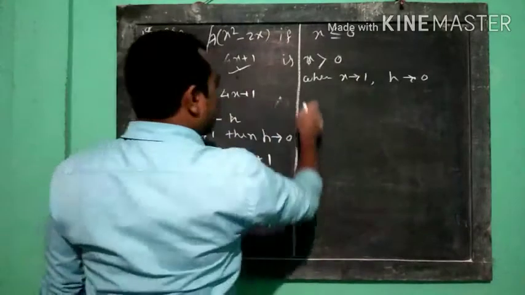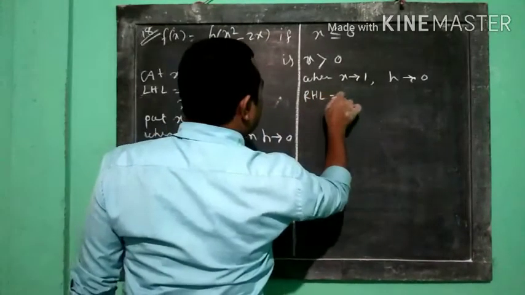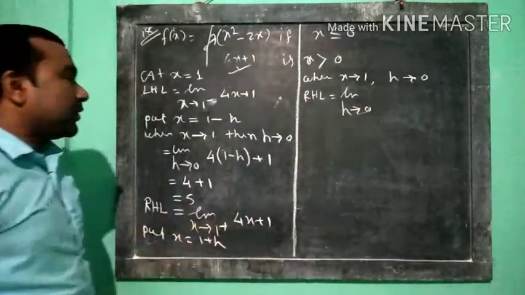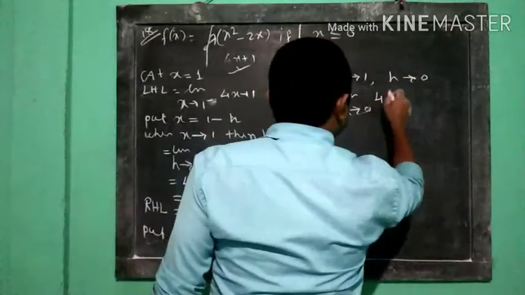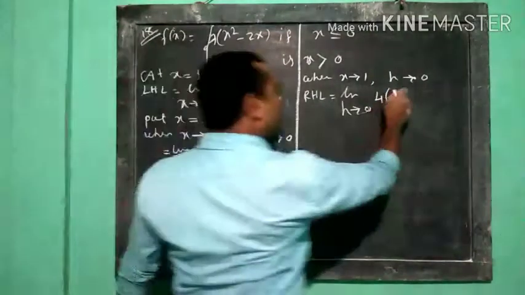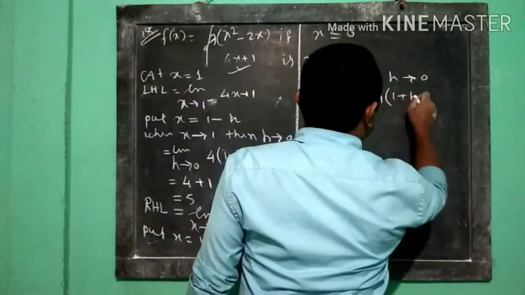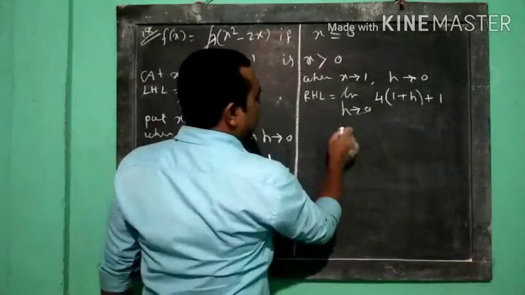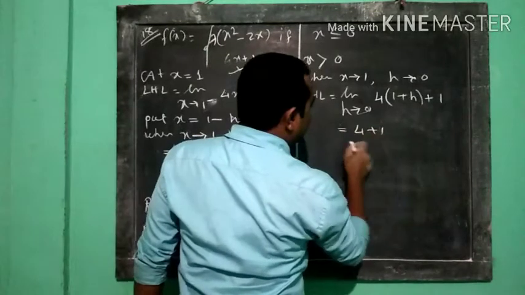In this equation, the right hand limit equals limit h tends to 0, 4 into x, where x is replaced by 1 plus h, plus 1. This is equal to 4 plus 1 equal to 5.